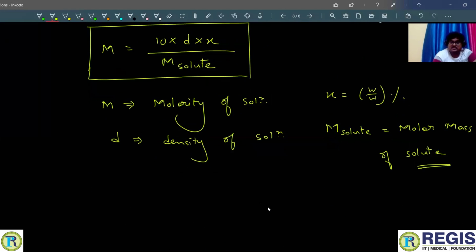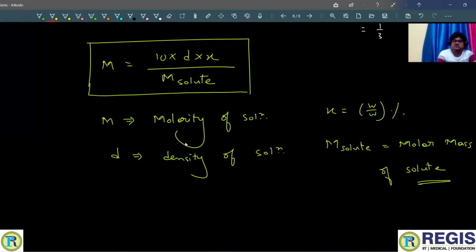Any doubts regarding this part? Weight by weight percent term is not completed yet, we will do it. After completing weight by weight percent, I will give you some questions related to this formula. Now we are moving to the next part.